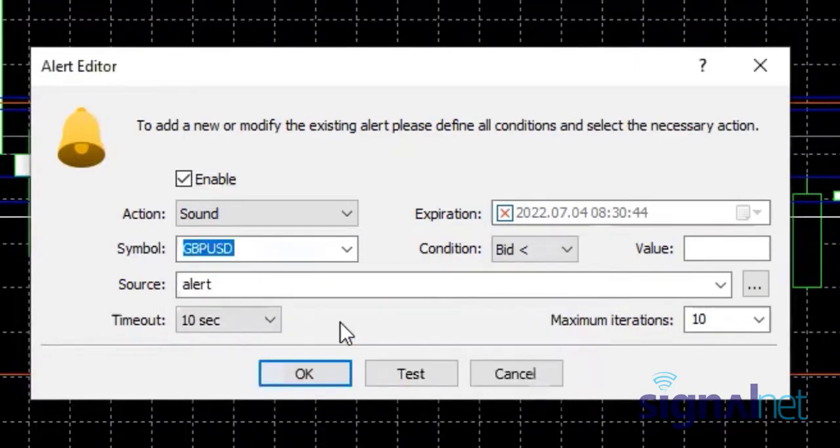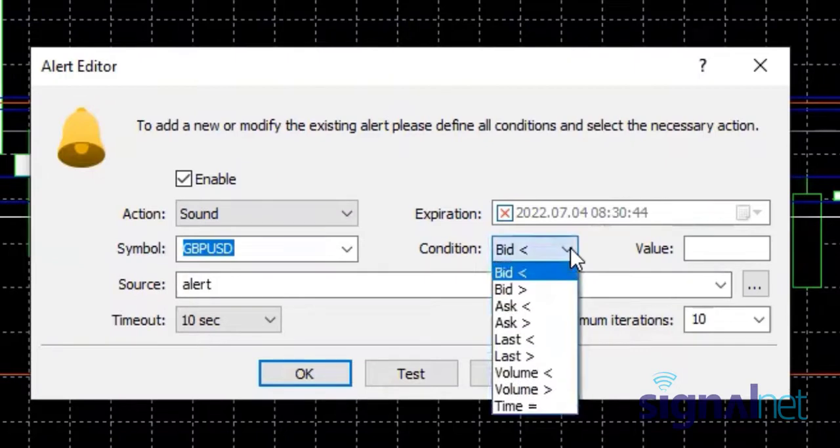And you put in the value. This place where you see values is where you put your price. If you're targeting a price that is currently higher than the current market price, this bid, you change it. You can see this bid right now is showing lower than. So you change it to the one showing higher than, that's greater than.